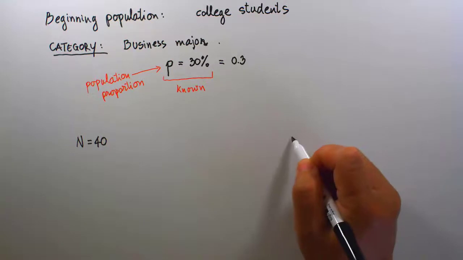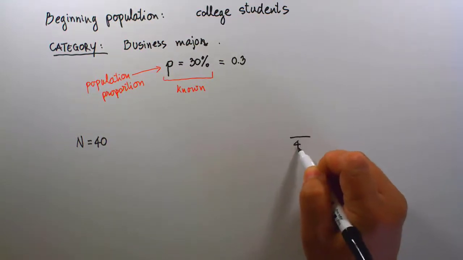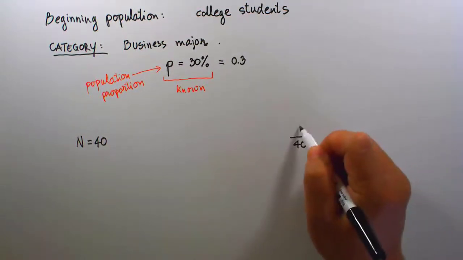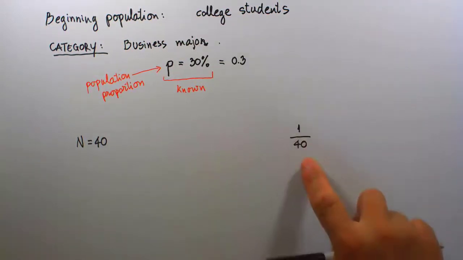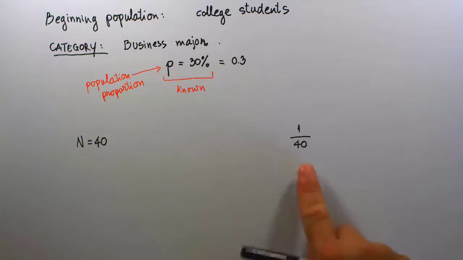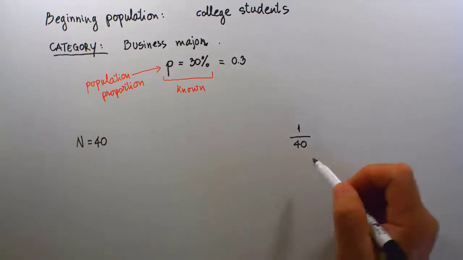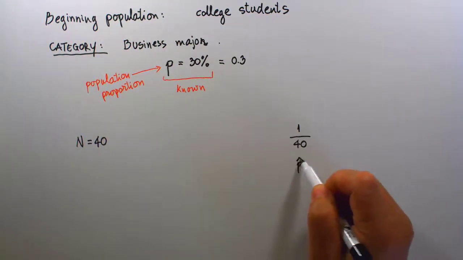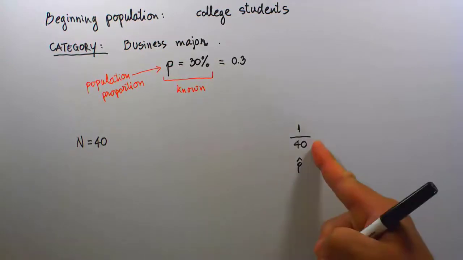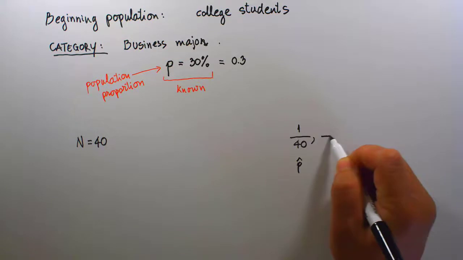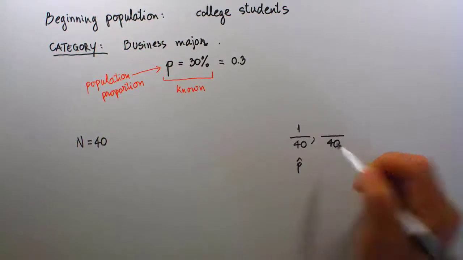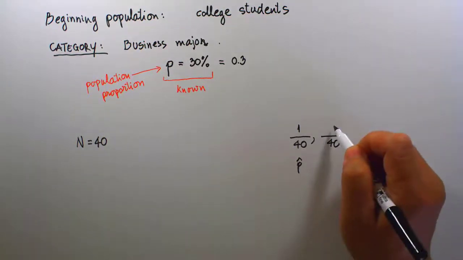It could be that in some sample, the success count for being a business major is only 1 out of 40. It could happen that way. This is perfectly legal as a value of a sample proportion. And then maybe we find another sample of 40 college students and run into a different success count.